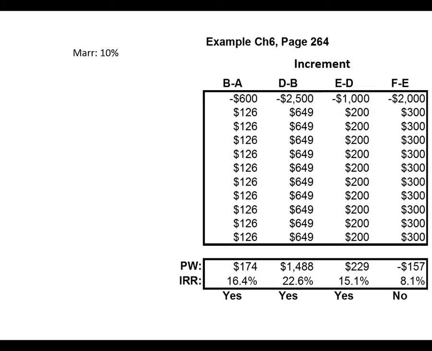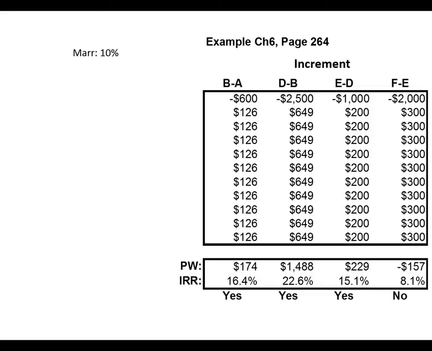And so I calculate the IRR. And remember, that's just as easy in Excel as doing equals IRR and then selecting the entire cash flow diagram. And it automatically calculates the IRR for you. And as long as it's above 10%, then yes, you should do the more expensive option.